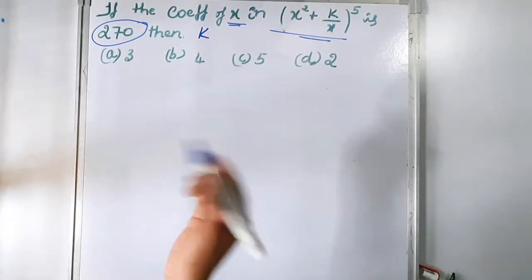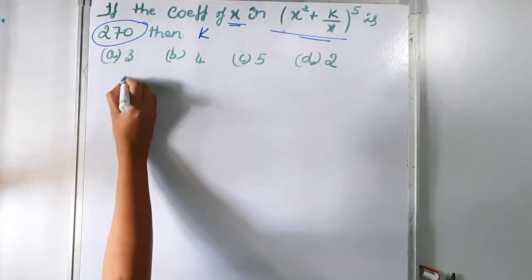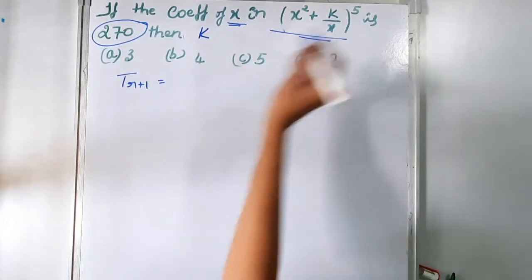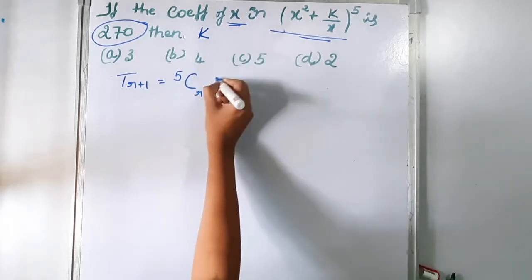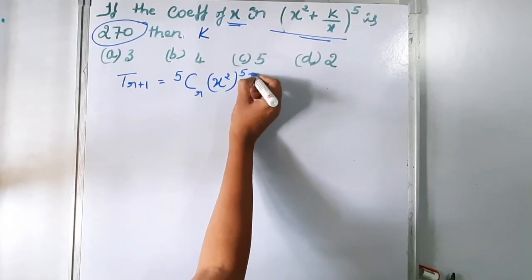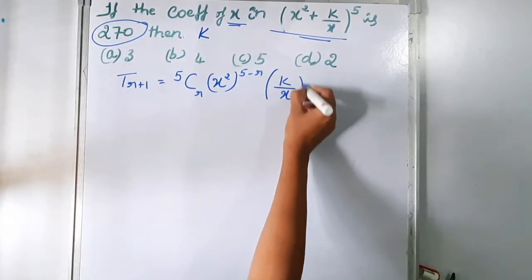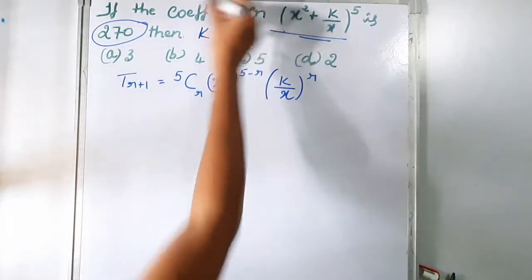Here also you are finding a coefficient, so you have to go with the general term. T(r+1) is equal to 5Cr, (x squared) to the power (5 minus r), (k divided by x) whole to the power r. Now we need the coefficient of x.